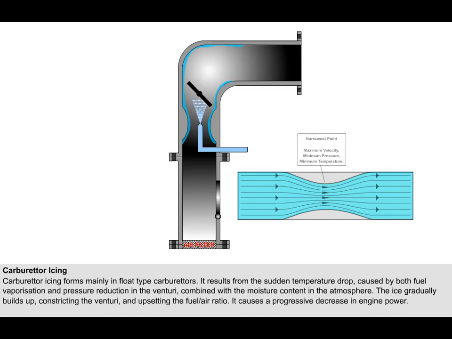It causes a progressive decrease in engine power. The ice may prevent operation of the throttle butterfly valve. And if action is not taken, it may accumulate sufficiently to block the intake completely and stop the engine.